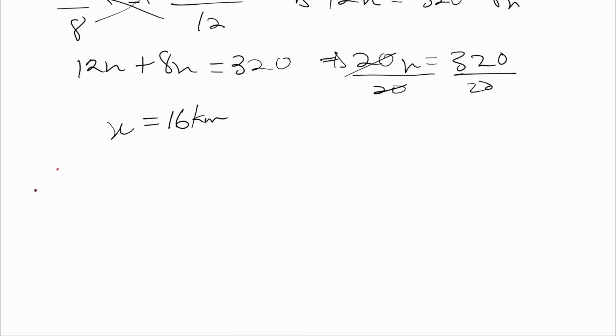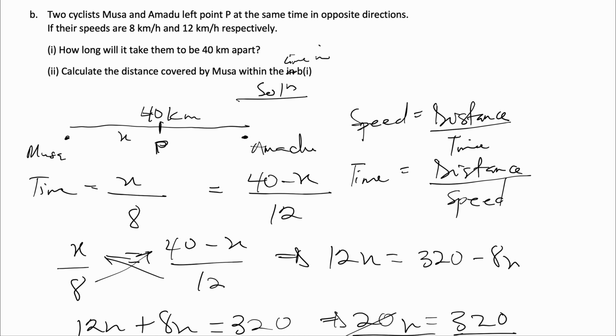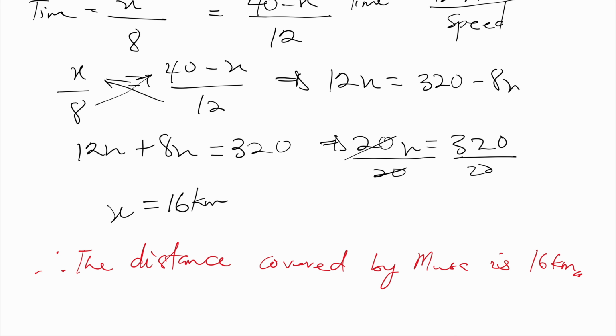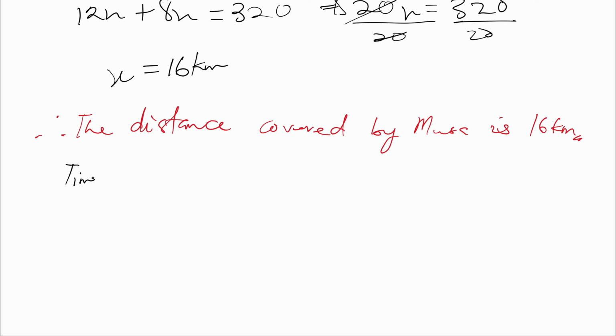So therefore, the distance covered by Musa is 16 kilometers. Now let's find the time taken to cover a distance of 16 kilometers. Time is distance over speed. Time is equal to the distance, which is 16, over speed.